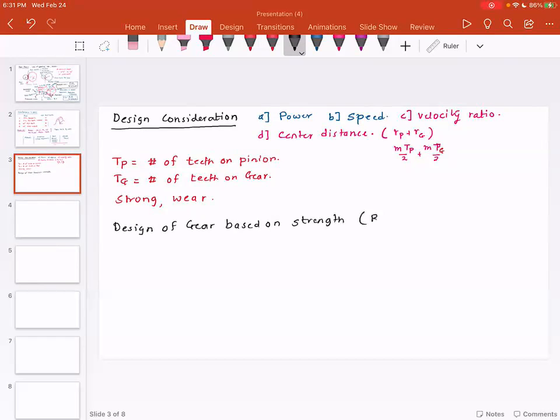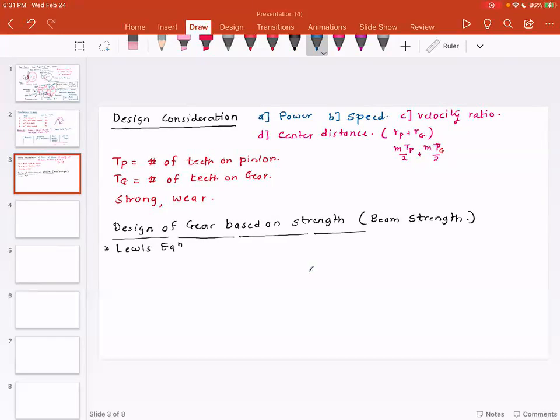This is also sometimes called beam strength. And this leads to something known as the Lewis equation. So fundamentally, this principle is simple.